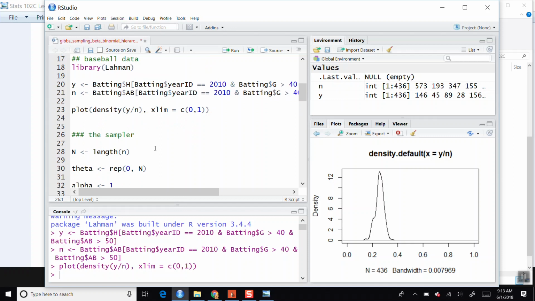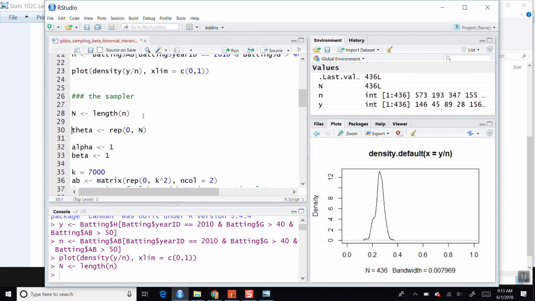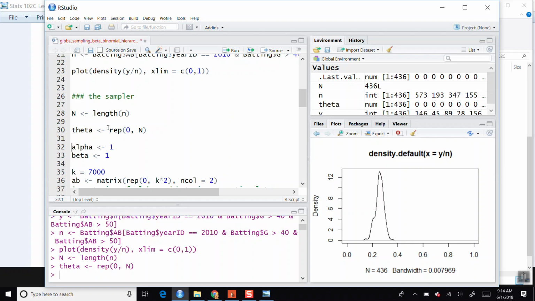Okay, so let me show you how the sampler will work. The total number of values I have is 436, and I'm going to create a vector of thetas. There are 436 batters in my data set, and each batter has their own hidden, true batting average, right?